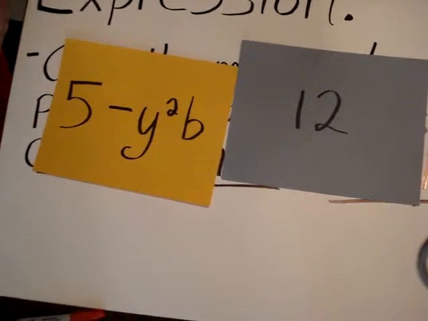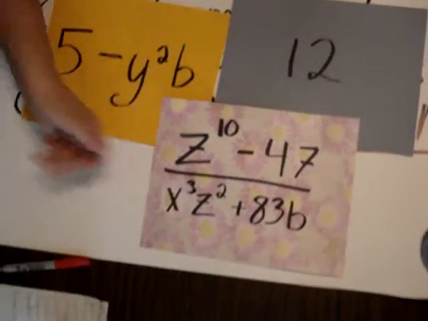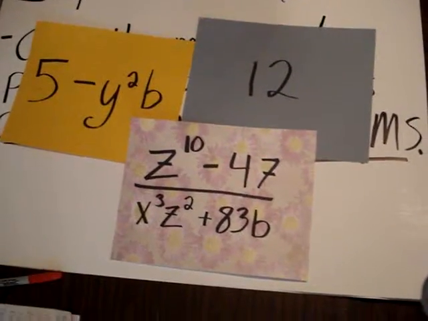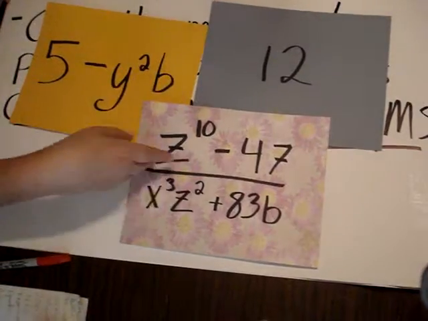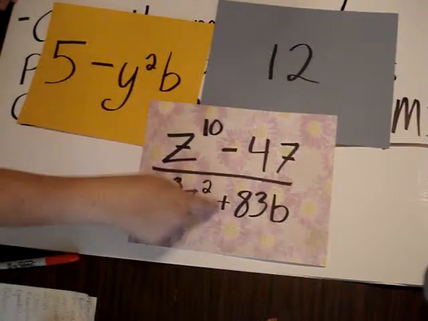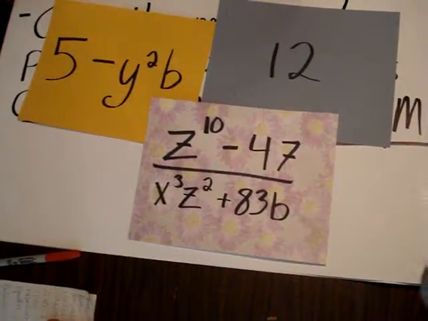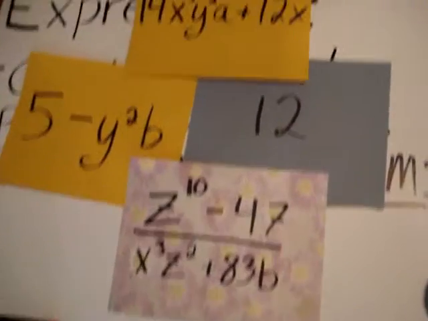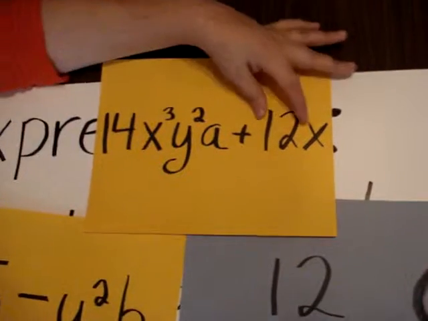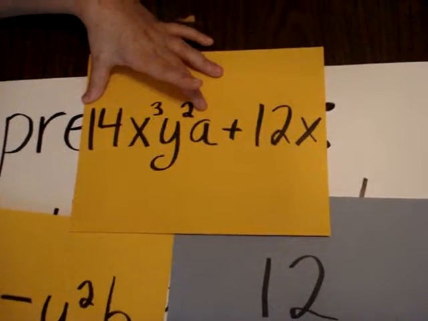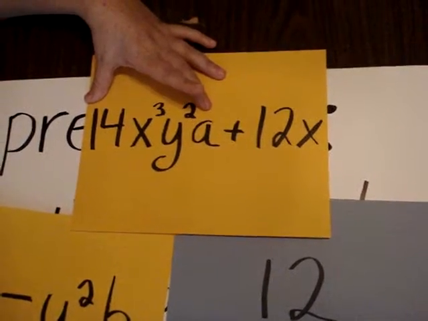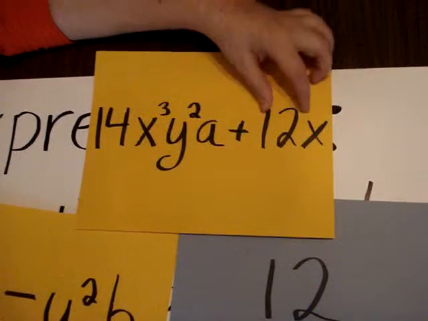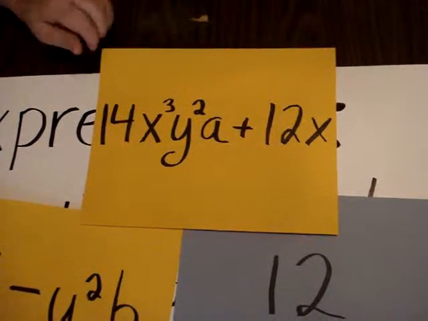It's all one expression. This is an expression with multiple terms. You see division, you see multiplication, you see addition, subtraction, but it's all a single expression. As is this. Once again, we have a two-term expression here. The first term is 14x cubed y squared a. The second term is 12x, but it's all one expression.